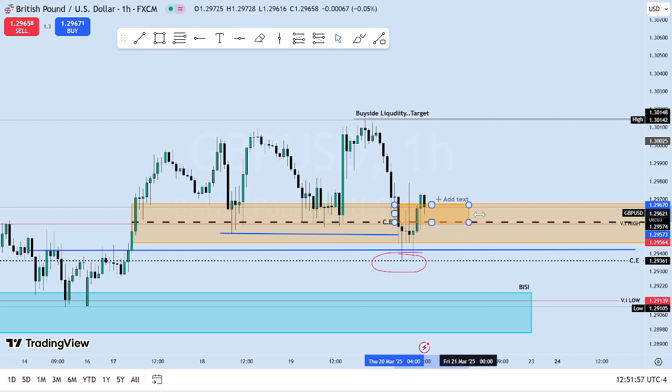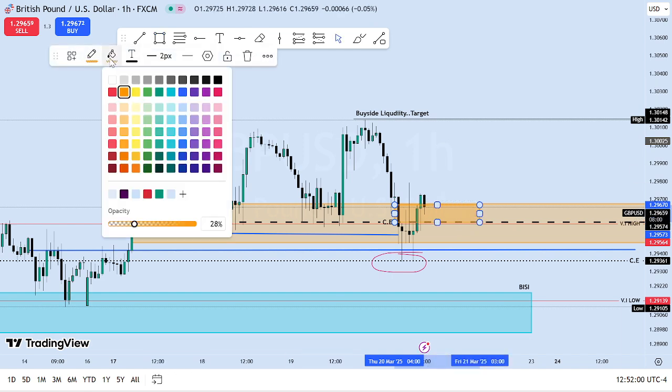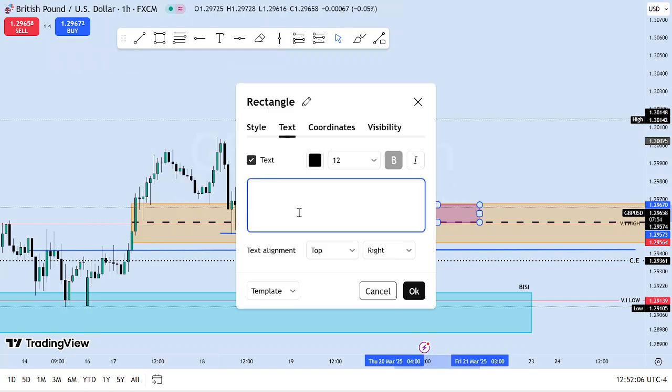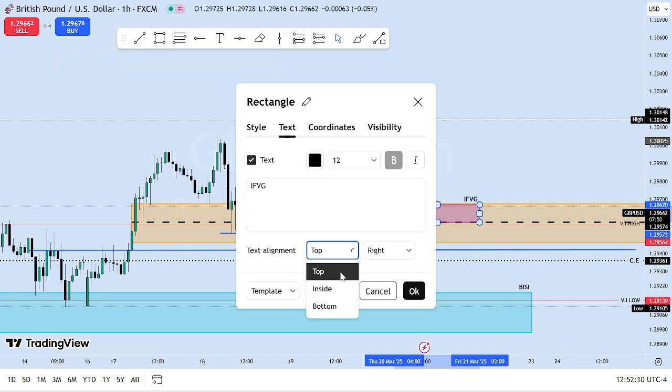That's an inversion fair value gap. A very clear high probability.